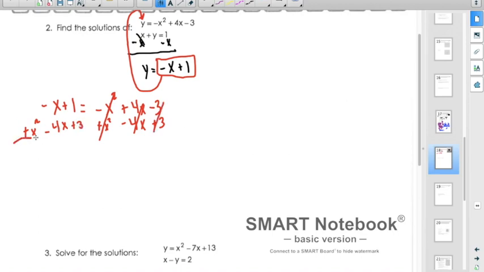All right, and think about why we did that, because I don't want this negative x squared. So on this left side now, I will have x squared minus 5x plus 4 all equal to 0.